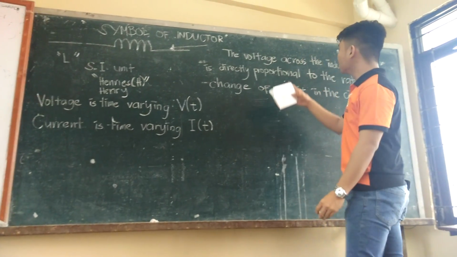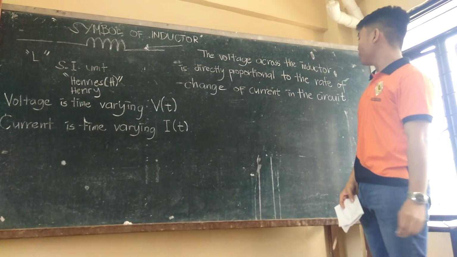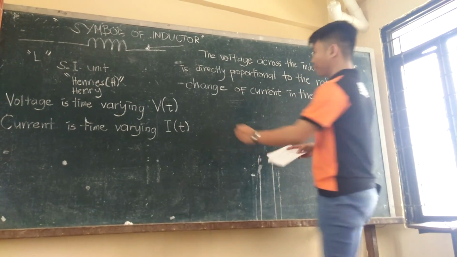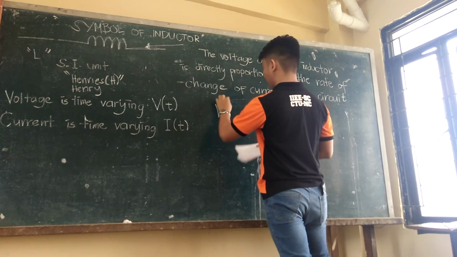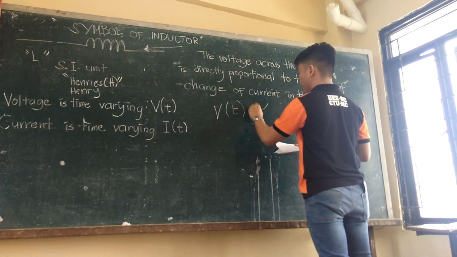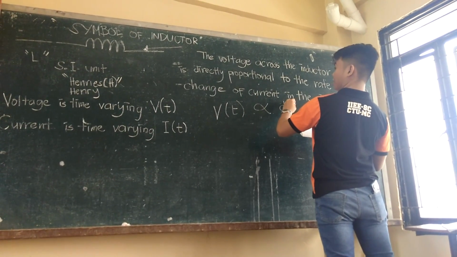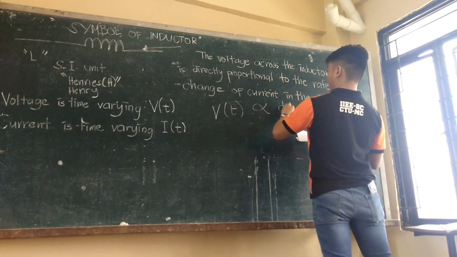The voltage across the inductor is directly proportional to the rate of change of current in the circuit.